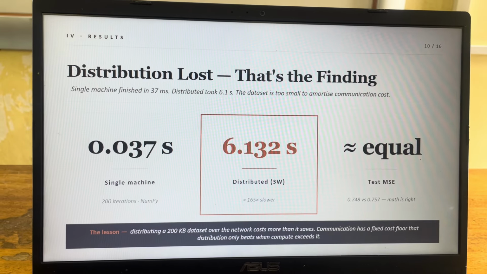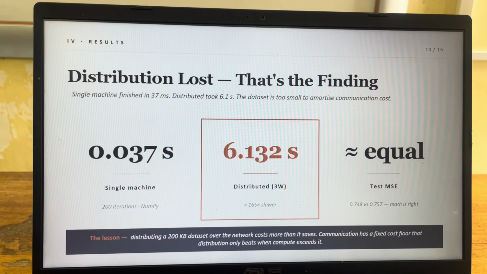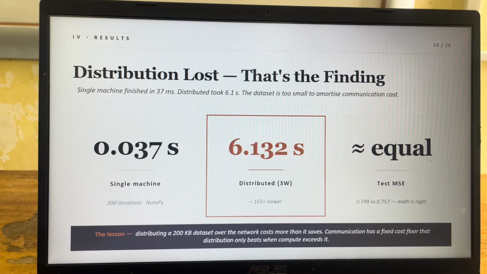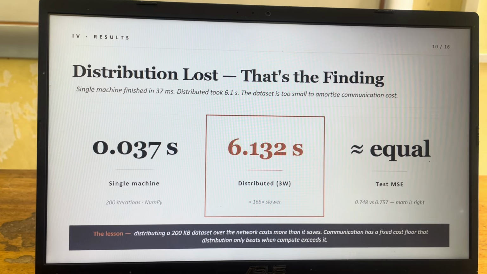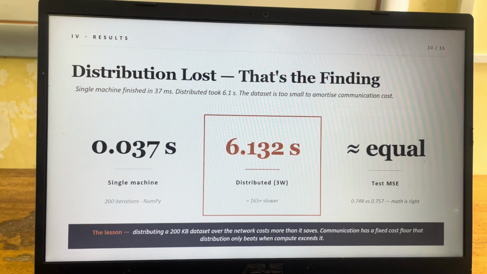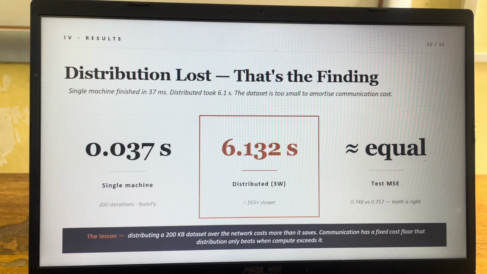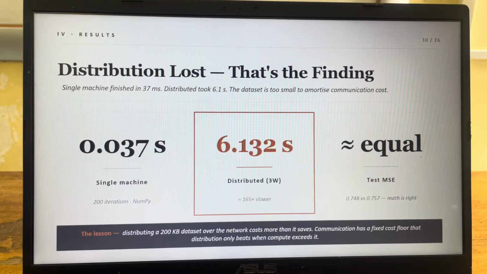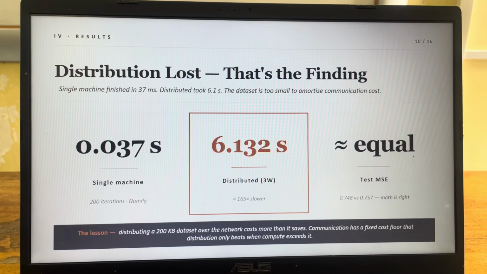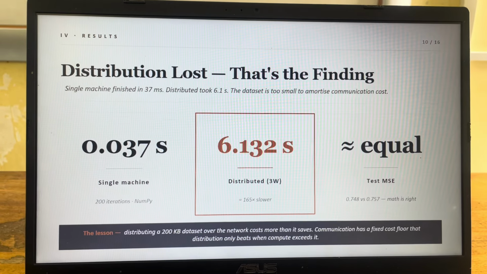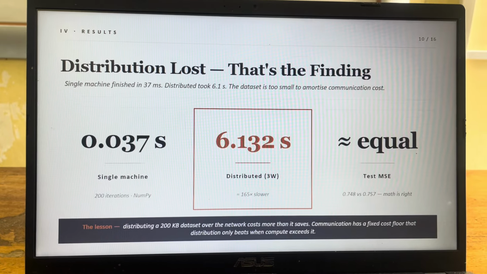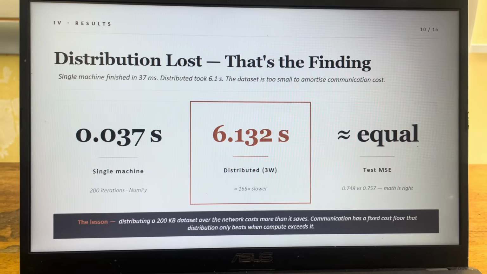So these are our results after running the 3 distributed machines, then the distributed loss. These are our findings. We found that the single machine finished in 37 milliseconds, whereas the distributed took about 6.1 seconds. The dataset is too small to amortize communication cost.